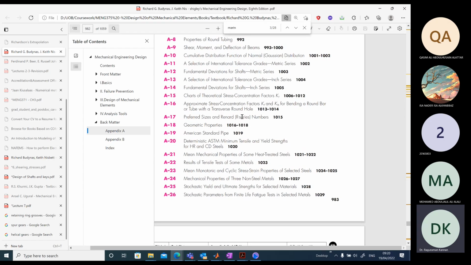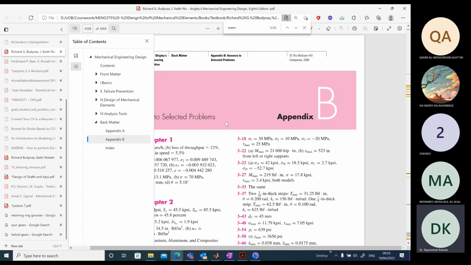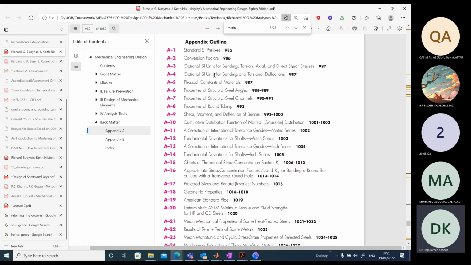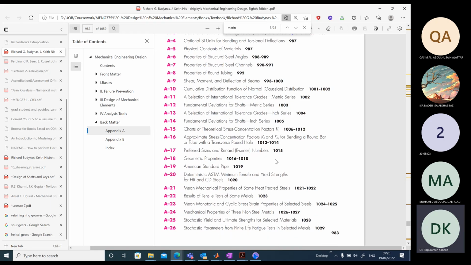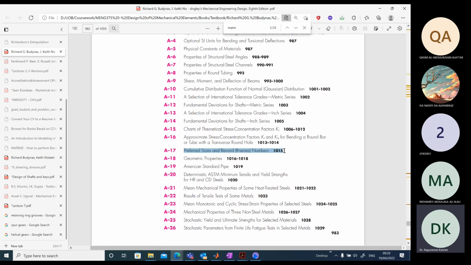We need the standard sizes. Maybe in appendix B. No, it should be in appendix A. Preferred sizes and Renard series. So this is what we want to see.